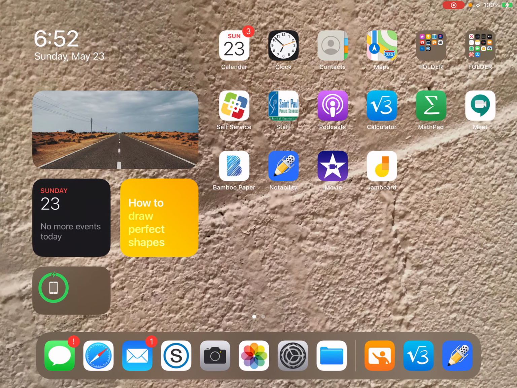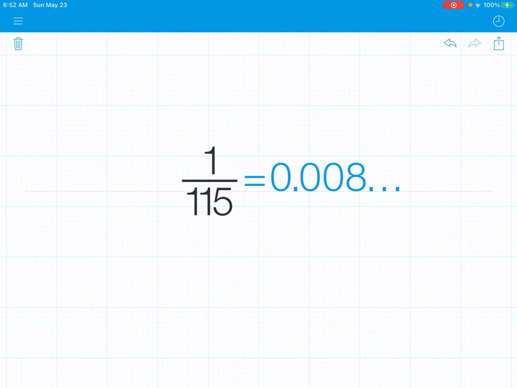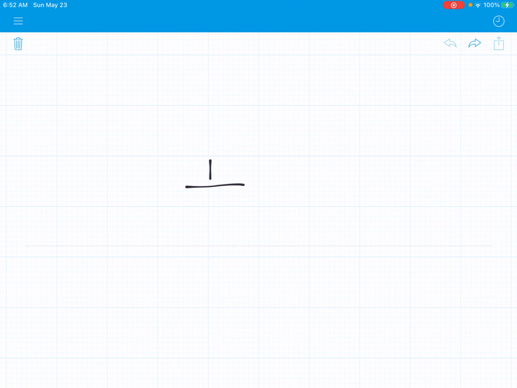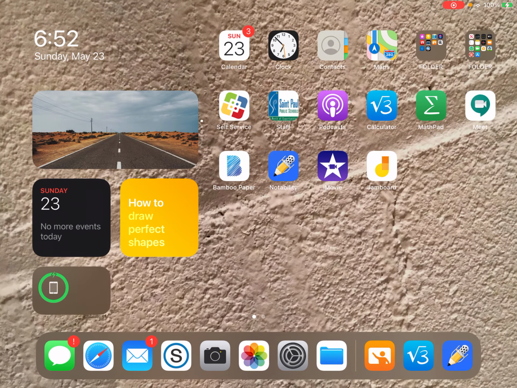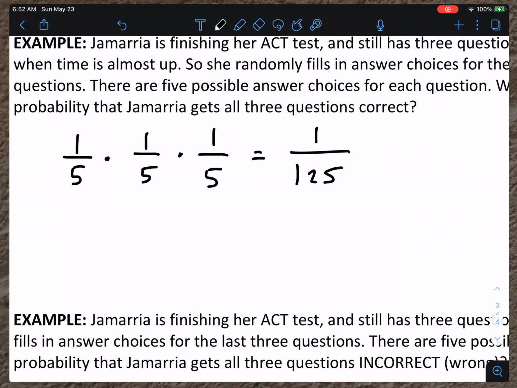And so I don't know what that is off the top of my head, so I'm going to go over to my calculator. 1 over 125, there we go. All right, 0.008. All right, so we need to take that back over to our assignment.